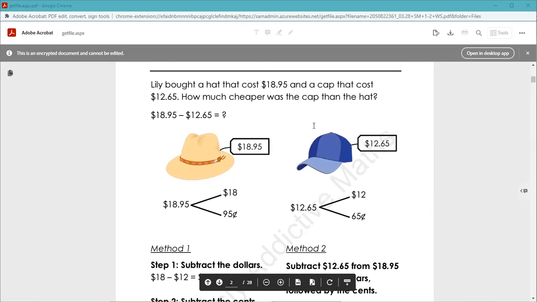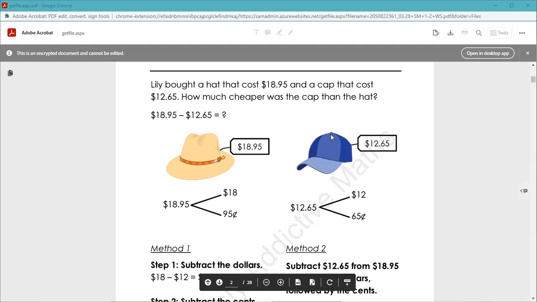For this, I think the recommended one is to break up the price into dollars and cents, and then do dollars minus dollars, cents minus cents. Take note that later on students might be confused, because when we do the algorithm way with regrouping, they may start with the dollars first, and this will be wrong. You have to start with the cents. Remember the regrouping ones.